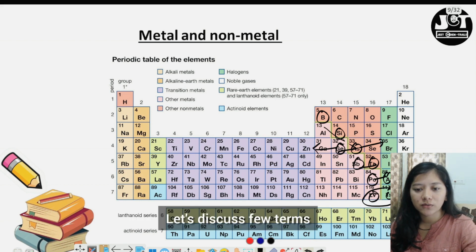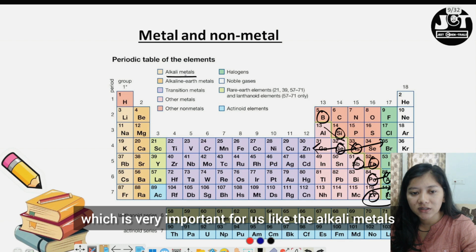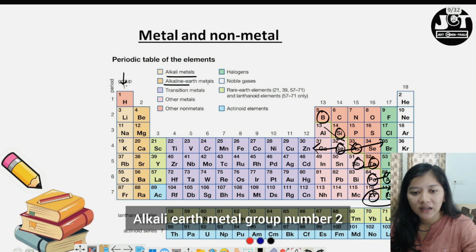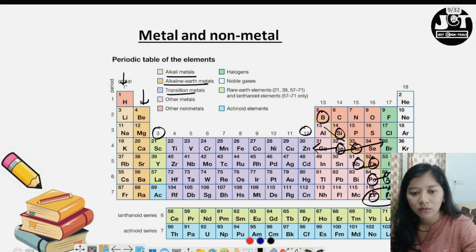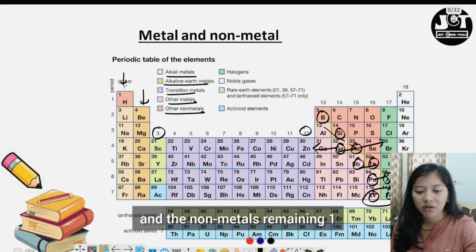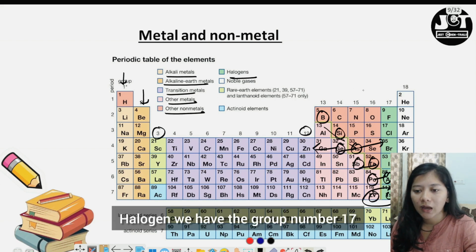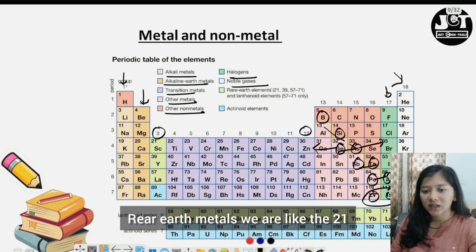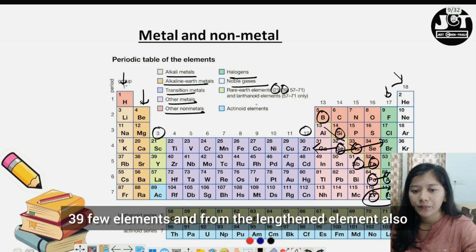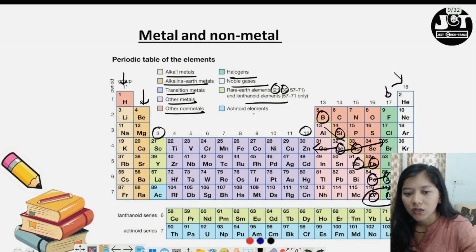Let's discuss a few very important terms, like the alkali metals, that is group number 1. Alkaline earth metals, group number 2. Transition metals start from 3 to 12. Then we have other metals and the remaining non-metals. Halogens are group number 17. Noble gases are group number 18. Rare earth metals include 21, 39, a few elements, and the lanthanide elements also.